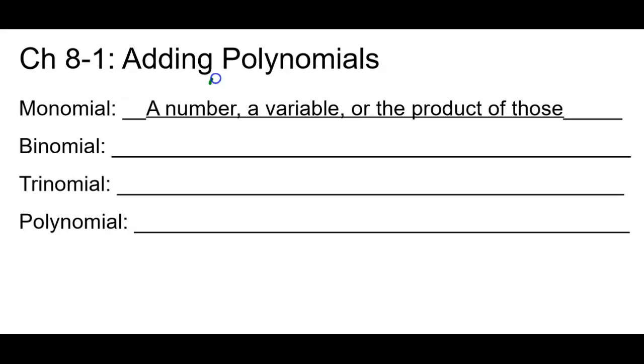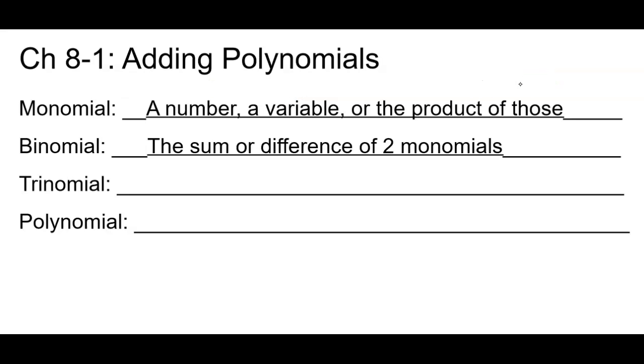So a number would be 3, a variable would be 3x or x. A product of those would be 3x. Okay, product meaning multiply, or 4t, or negative 4t, okay? So that would be a product of both of those.